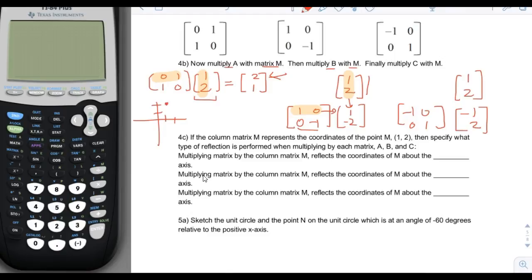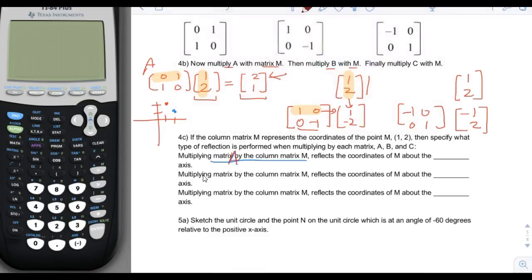What happens if you multiply by matrix A? You get another column matrix, 2, 1 instead of 1, 2. If you graph that point, it would be here. So it says multiplying the matrix by this should be matrix A. Oops, sorry.